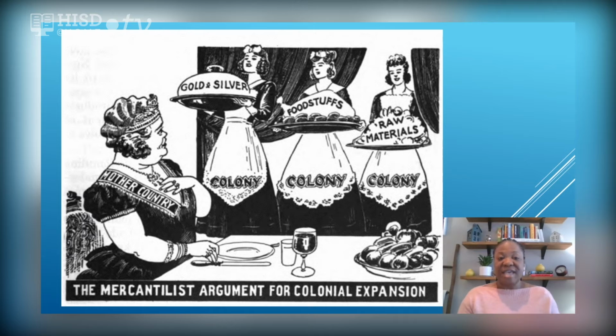Notice that her sash on her dress says Mother Country. And the women are carrying certain items. One has a platter that looks like it says gold and silver. The other one looks like she has something that says foodstuffs. And the last woman looks like she has raw materials.